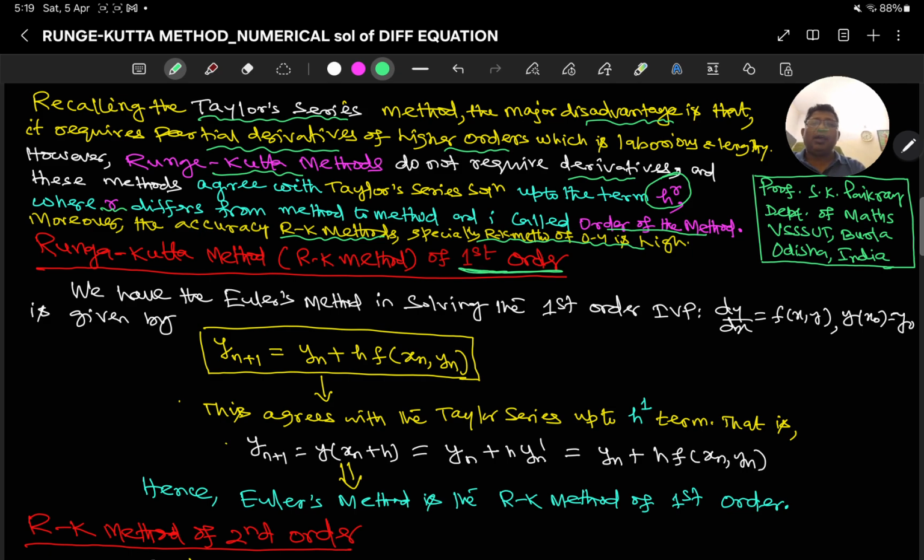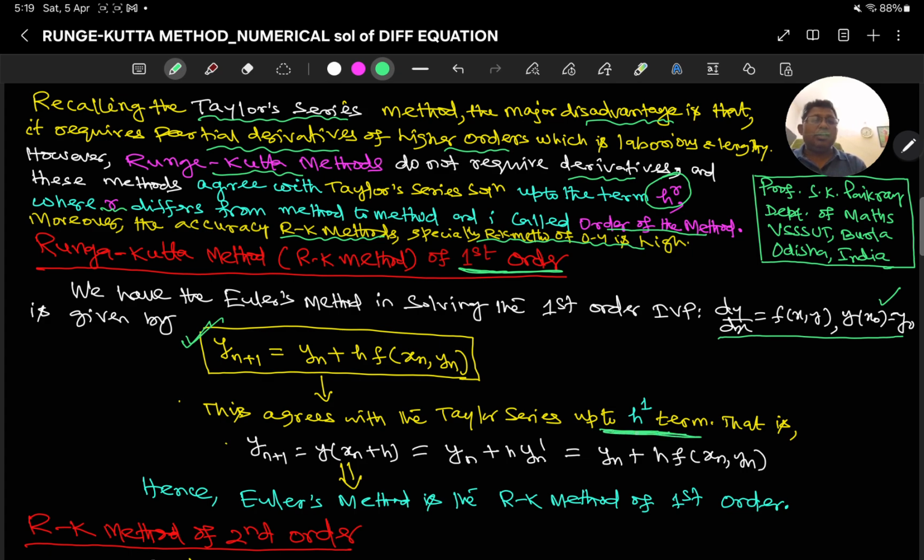As I have pointed out earlier, suppose you are given a first order differential equation dy by dx is equal to f x y with initial condition y of x0 is equal to y0. By Euler's method we know the necessary formula is y n plus 1 is y n plus h f x n y n. This method agrees with the Taylor series up to the h to the power 1 term, right?